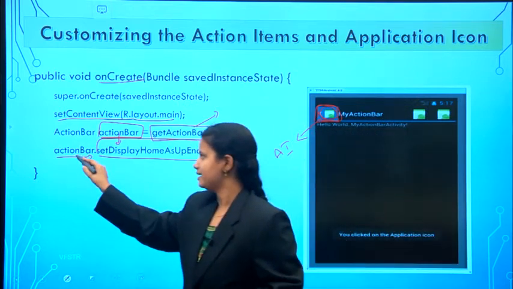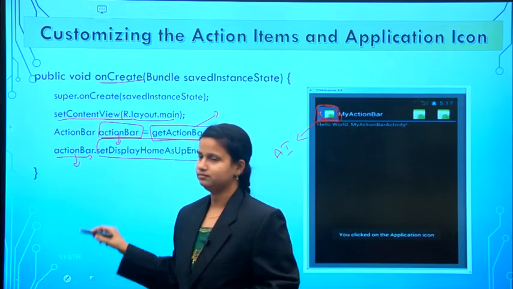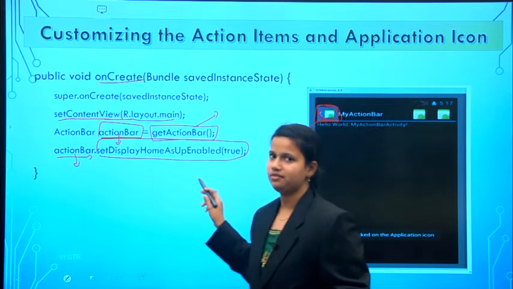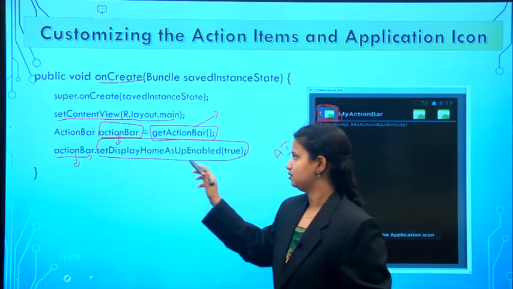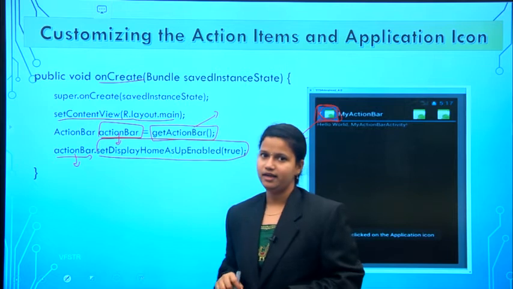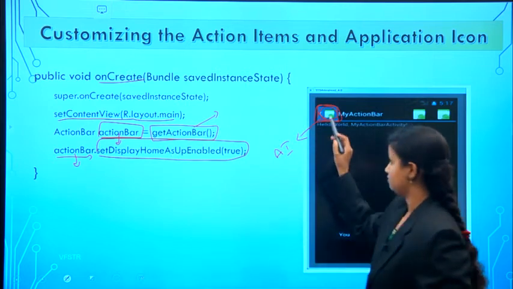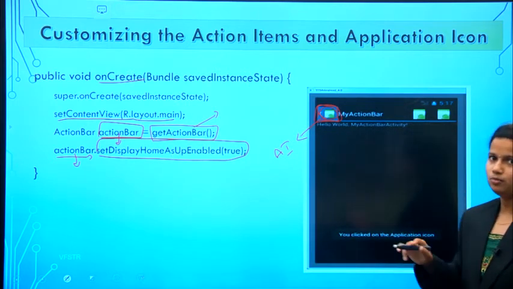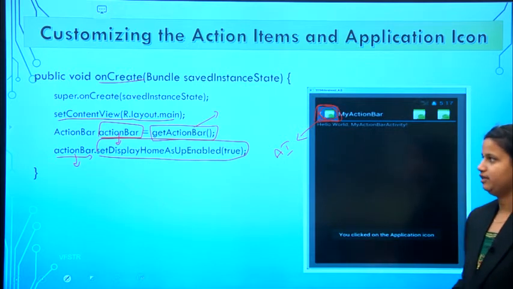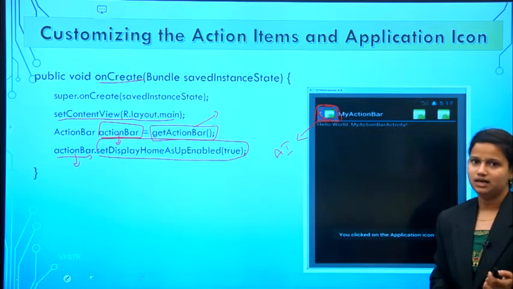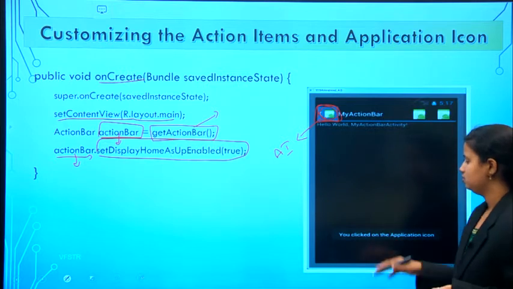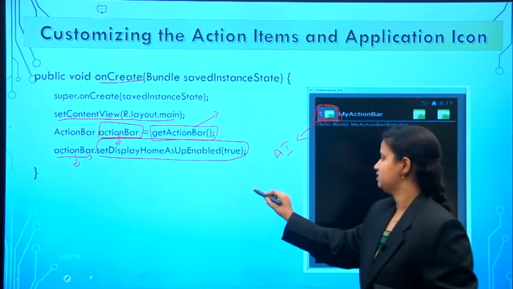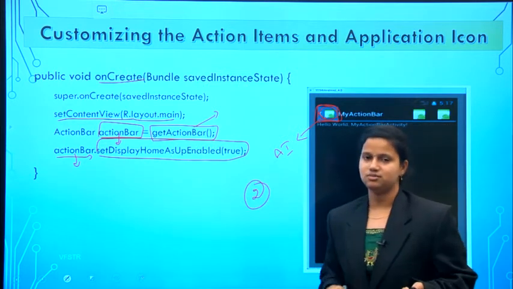So I am setting the action bar object's property as setDisplayHomeAsUpEnabled. Whenever you press this, it will display the home of that activity, the home of the application. In this way, this is a customization tool. What is the first customization?